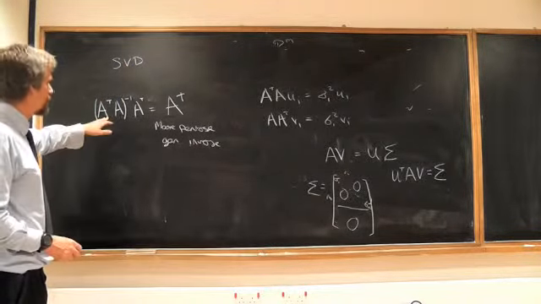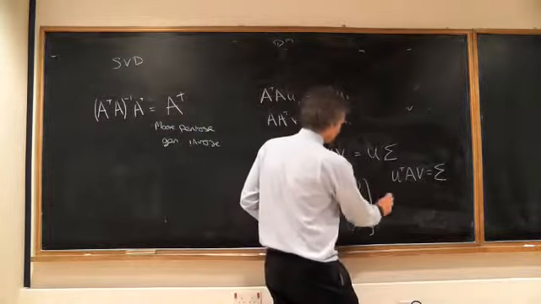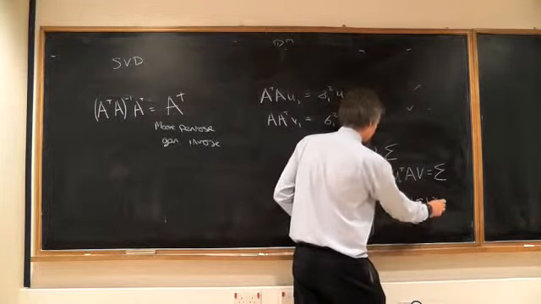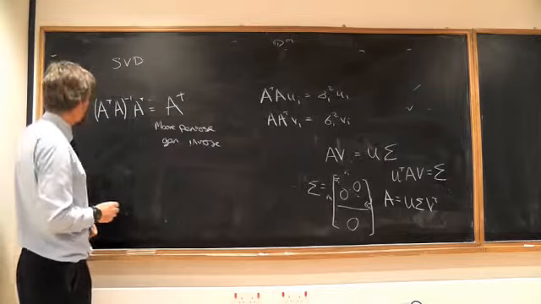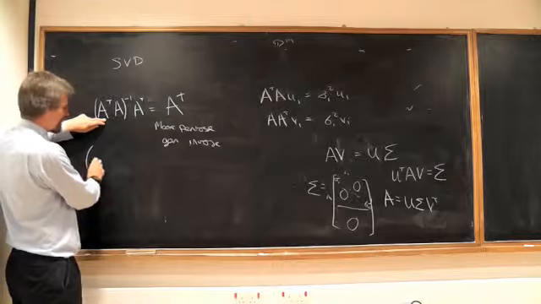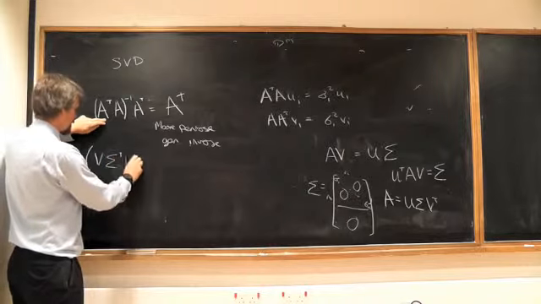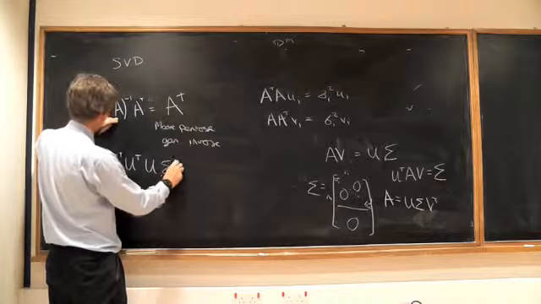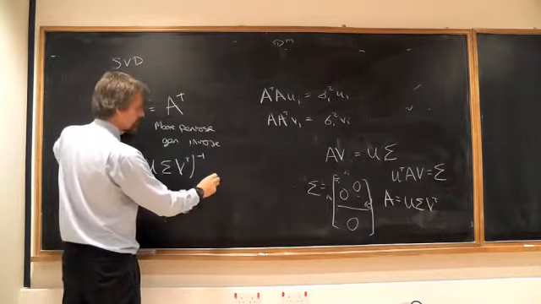I can just substitute my singular value decomposition in here, but I may do that a little bit more quickly if I wrote it this way round, because that's an expression for A, isn't it? In which case, maybe I'll just do this, because if you work out A transpose, that would be V sigma transpose U transpose, U sigma V transpose, and then times A transpose.